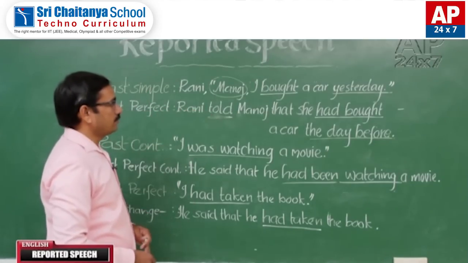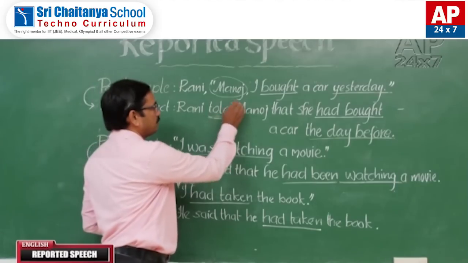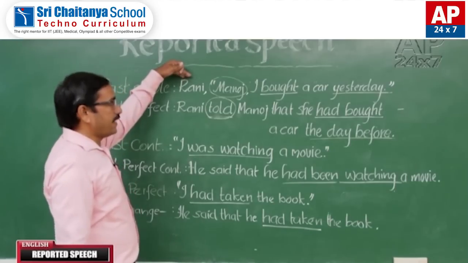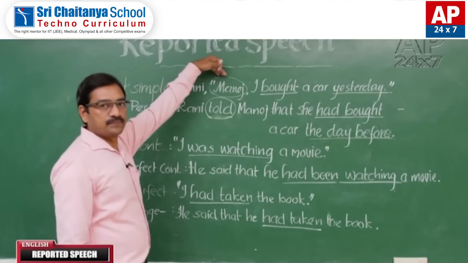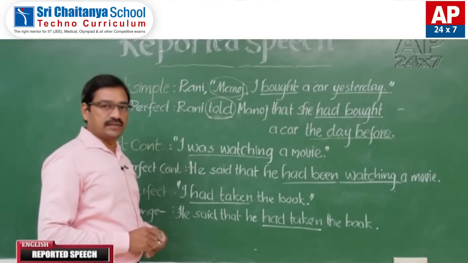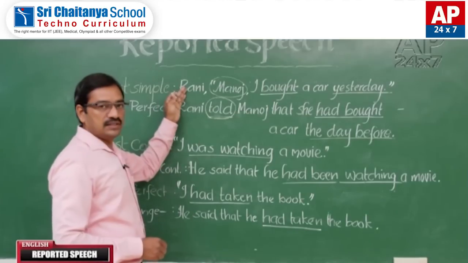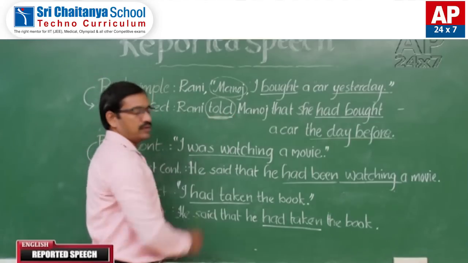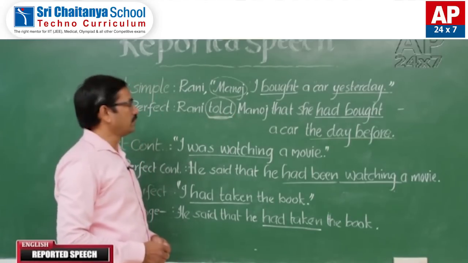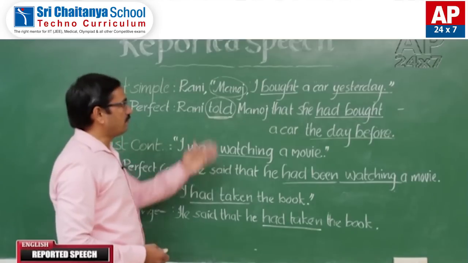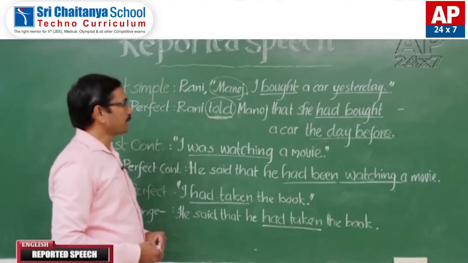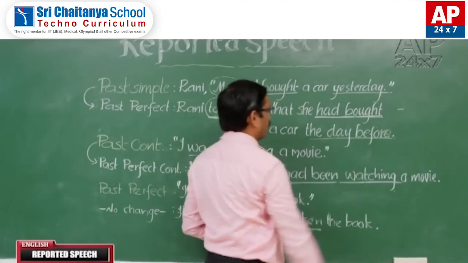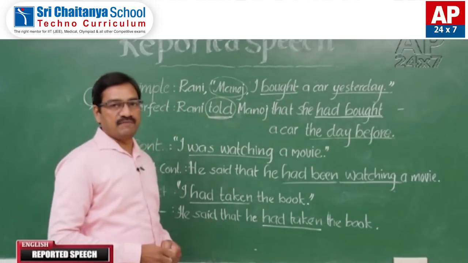Rani told Manoj. Here we have introduced told because in the direct speech we have an object. When someone is speaking to somebody else, we use the word told instead of said. So, Rani told Manoj, repeating the same object here, that she had bought a car the day before.